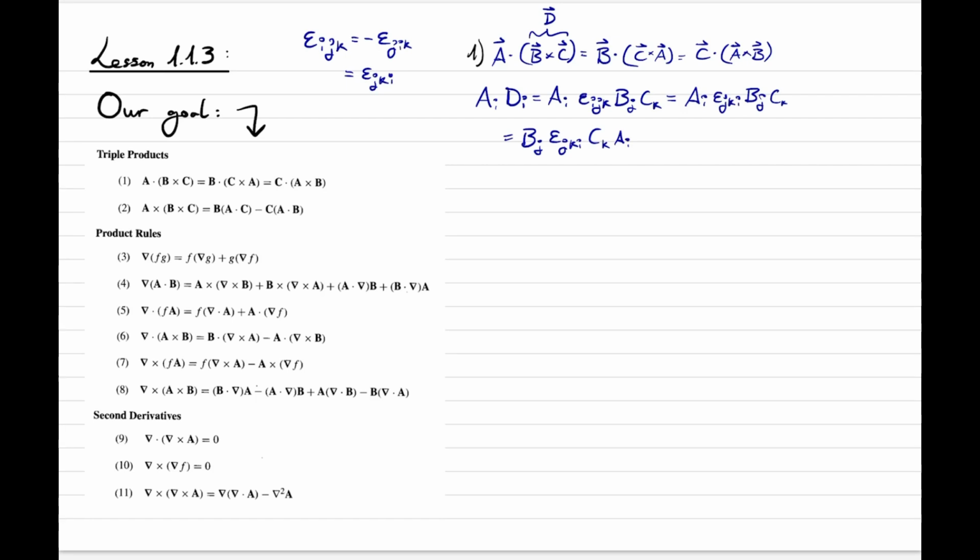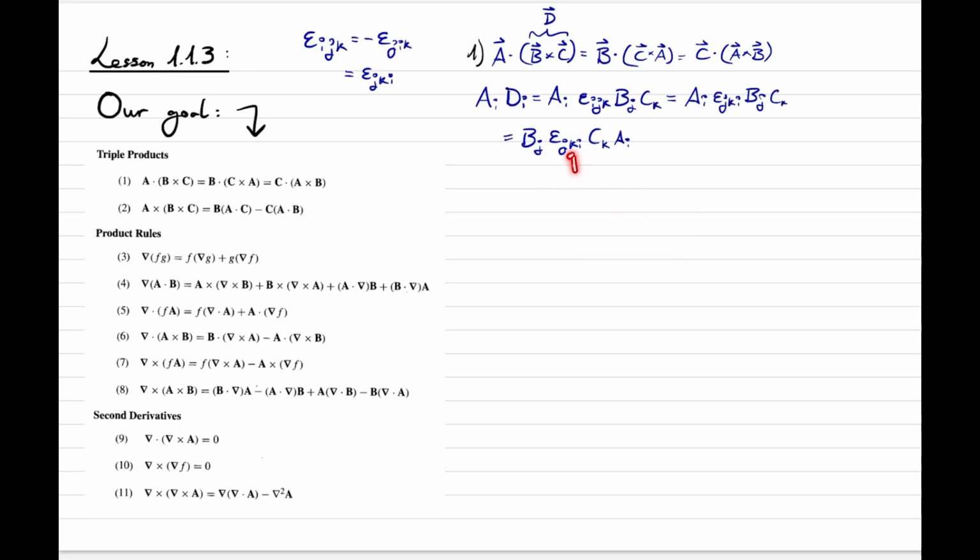Okay, so what we can see now is that this is the jth component of the cross product of C with A, because it has the same structure. For example, for the two vectors A and B, this is the ith component of the cross product between A and B, and this happens when we have the second index repeated with the first vector, the third index repeated with the second vector, and the free index in the first slot.